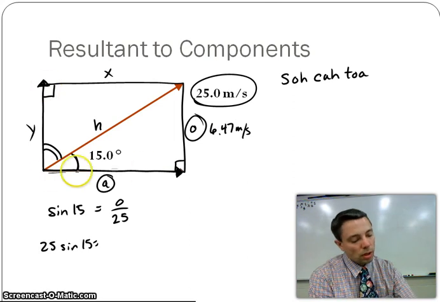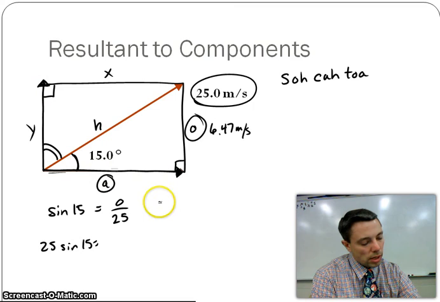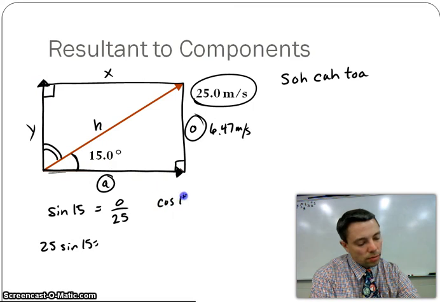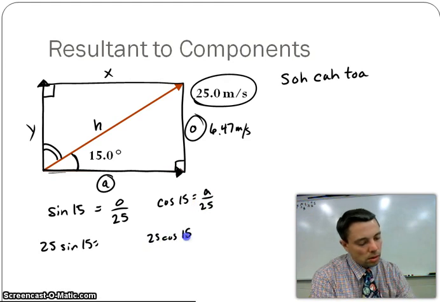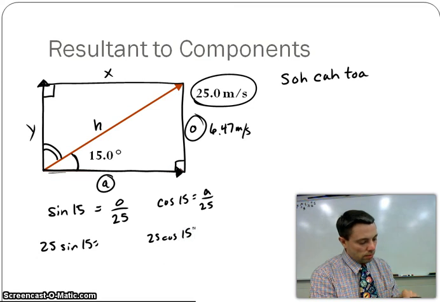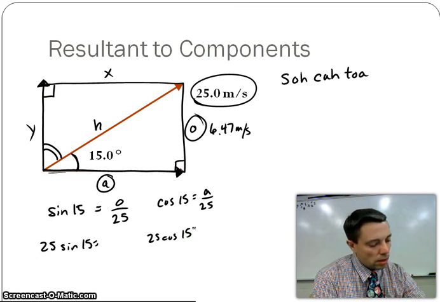Okay, I'm going to do the other component. The other component is now going to be the cosine of 15 is equal to my adjacent over my hypotenuse. And so I'm going to do the 25 cosine 15. And I get the answer there.